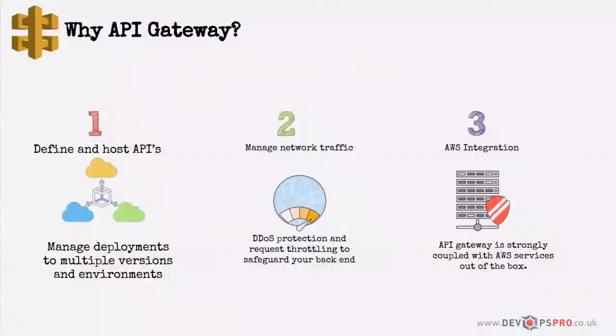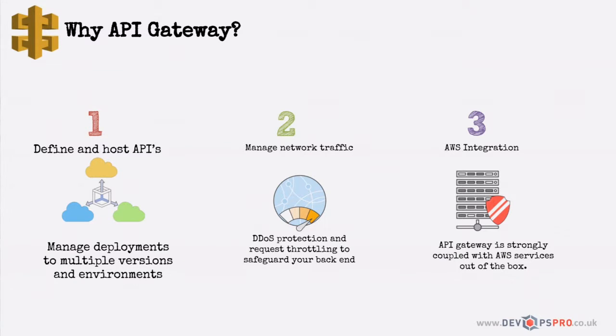So why do we need API Gateway? As I said, it defines our APIs and the backend calls that these API calls will do. It manages the deployments. We can have multiple environments based on that endpoint.